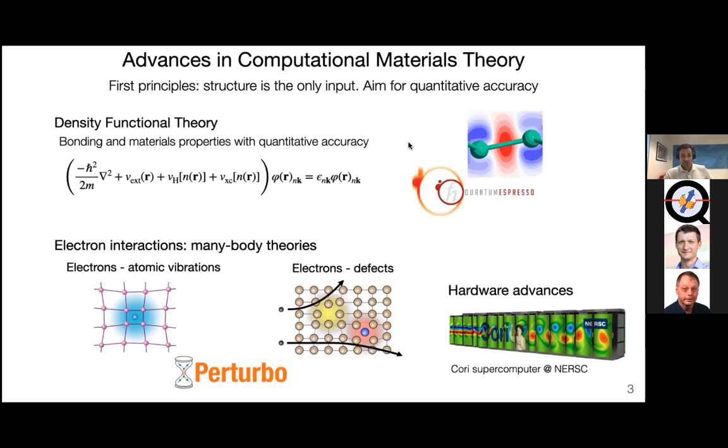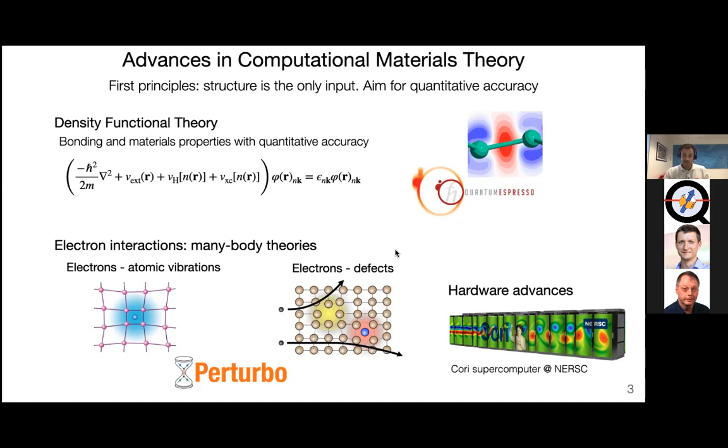Now, besides advances in the methods and software, there are also significant advances in the hardware, where now we're able to run these calculations on highly efficient computers. And so due to a combination of all these advances, it's really a great time to investigate electron dynamics in materials using first principles theories.